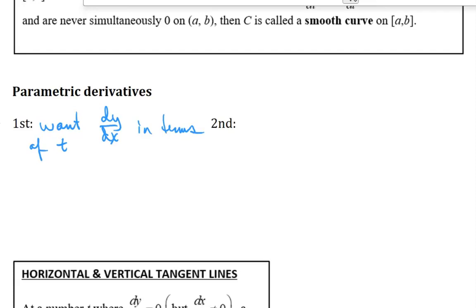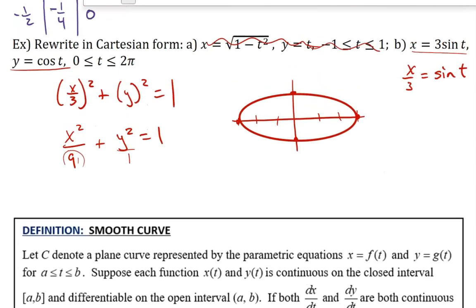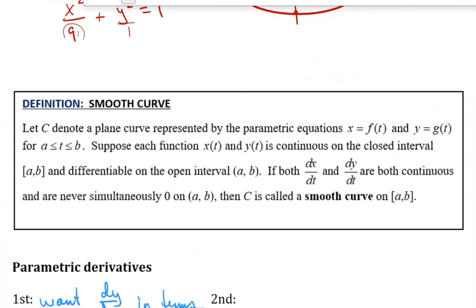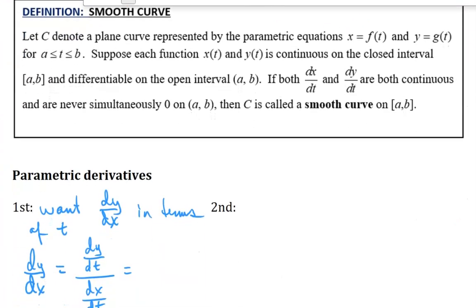So let's think about what this means. If we want dy over dx, we are going to take the derivative of the y function, which is given in terms of t, so dy over dt, over the derivative of the x function, which is given in terms of t, so therefore with respect to t. Or in other words, I'll rewrite those variables.